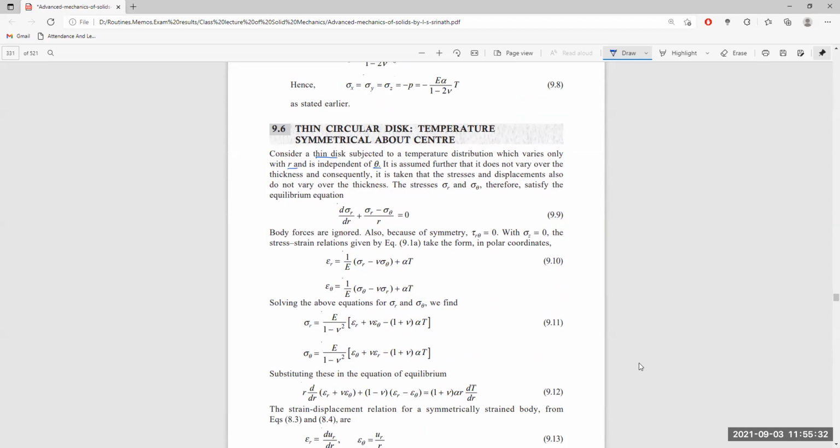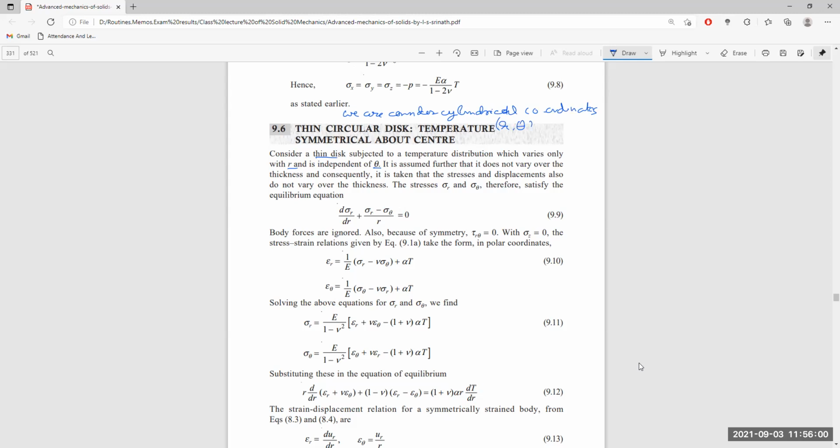We are considering cylindrical coordinates, that is, only r and theta.